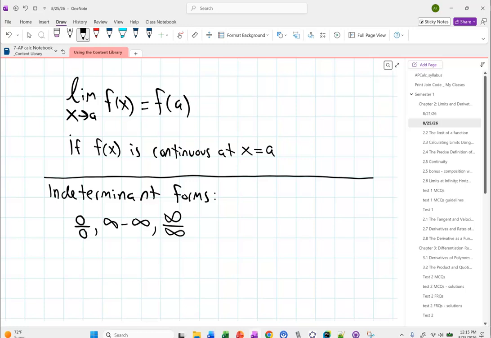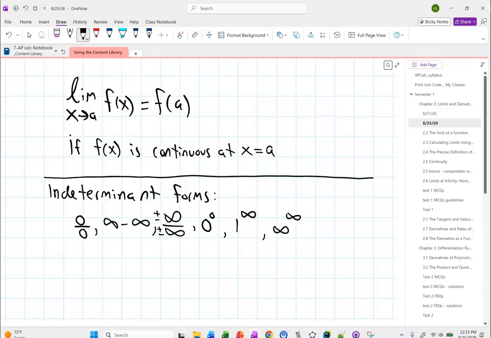Infinity over infinity, and we should do plus or minus there, because it doesn't matter if one of them is negative or positive, as long as there's an infinity there. 0 to the 0. 1 to the infinity, or infinity to the infinity. I think those are the 6.